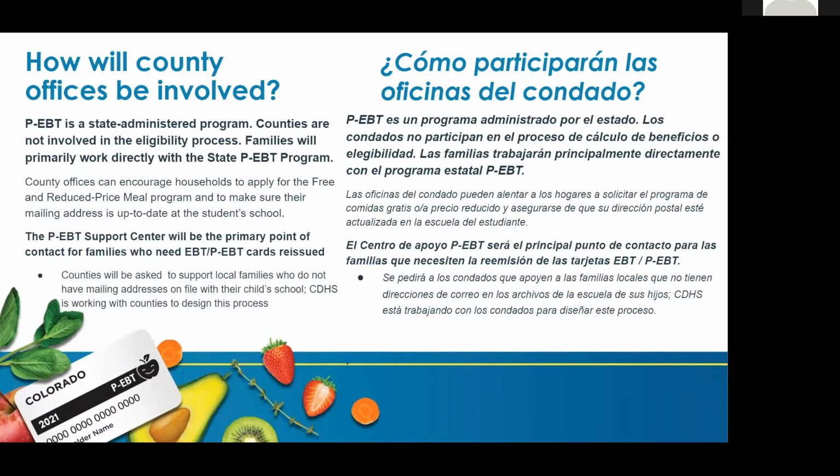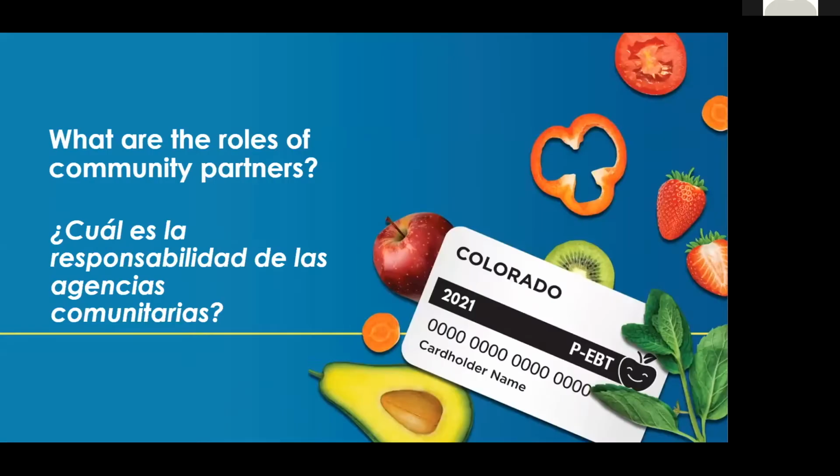So in summary, the state remains the primary administrating body of the P-EBT program, and families will primarily be supported by the Colorado P-EBT Support Center at the state level. The state will also be available to support county offices in relation to the P-EBT program as any questions or concerns come up. So now I will pass this over to my colleague, Mia.